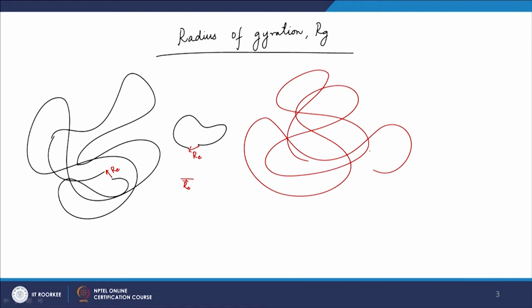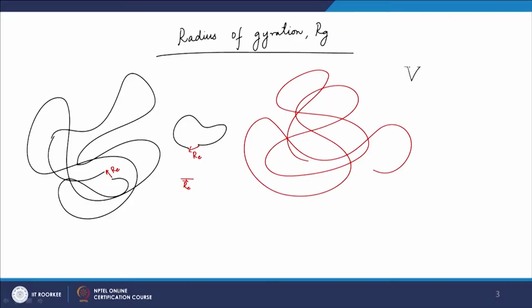The way it is defined is, if you look at a polymer chain, it of course will occupy a certain volume, and let us say that volume is V, the volume occupied by the polymer chain in space. Now if I draw a sphere that has the same volume as the space occupied by the polymer chain, I would call the radius of that sphere the radius of gyration.